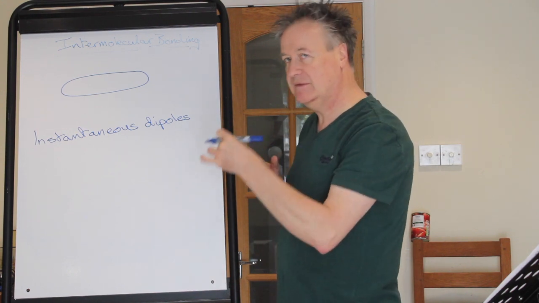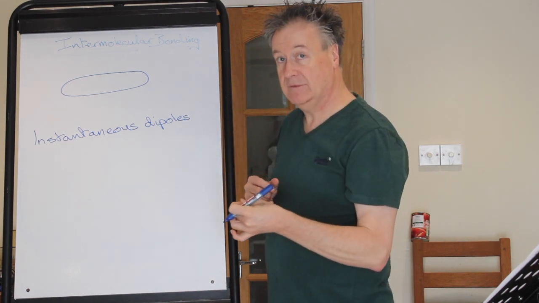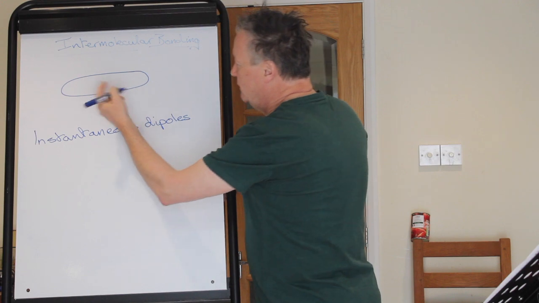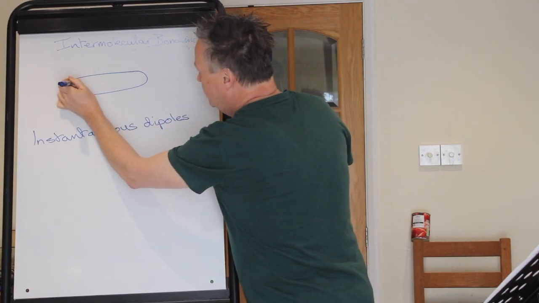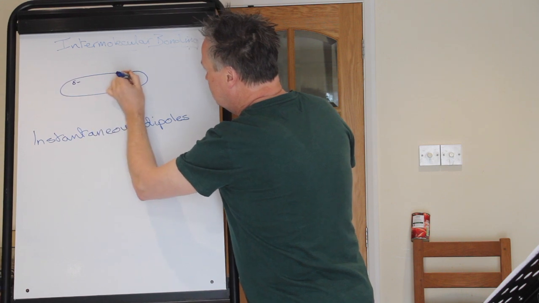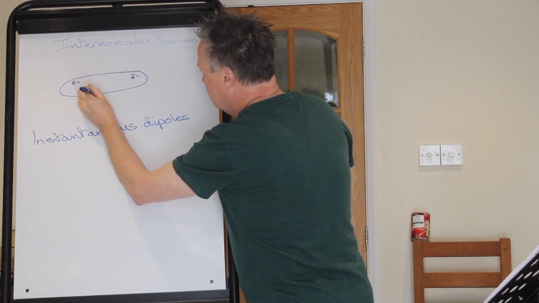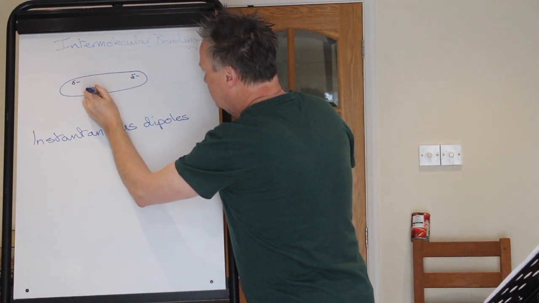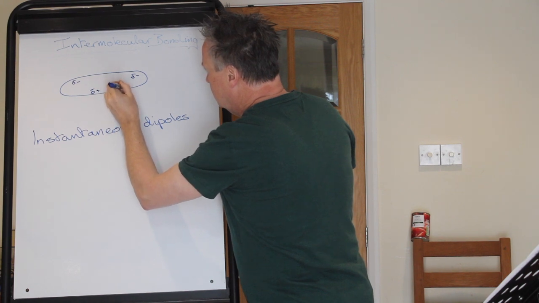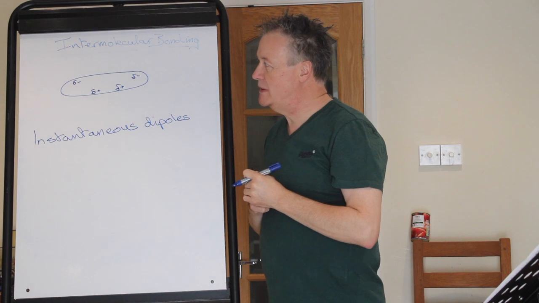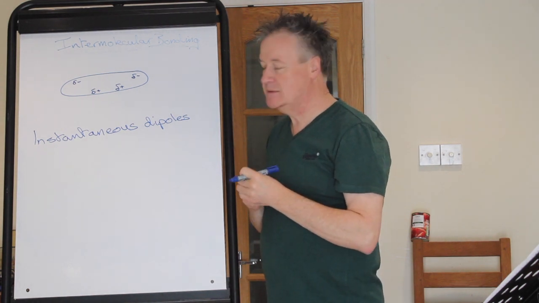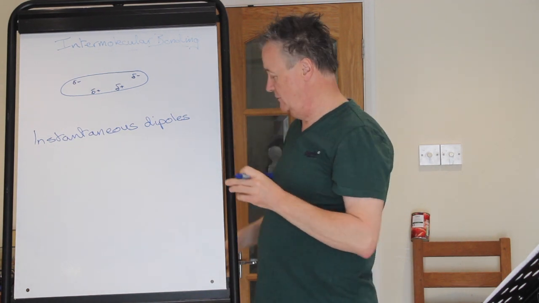Permanent dipoles is a later thing that we will no doubt have a video about soon. So if we take a moment in time, we've got two places where it's a bit more negative, two places where the electrons aren't and it's a bit more positive.